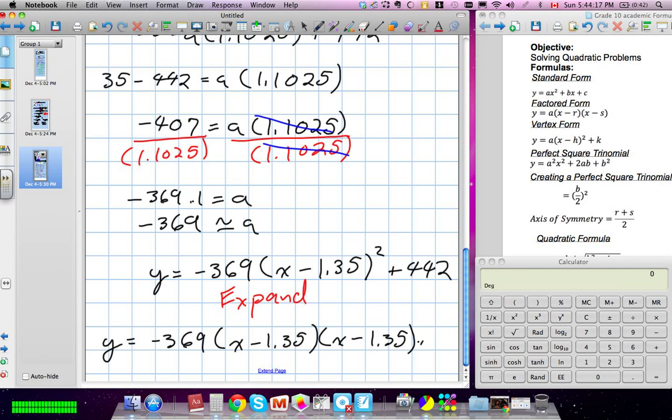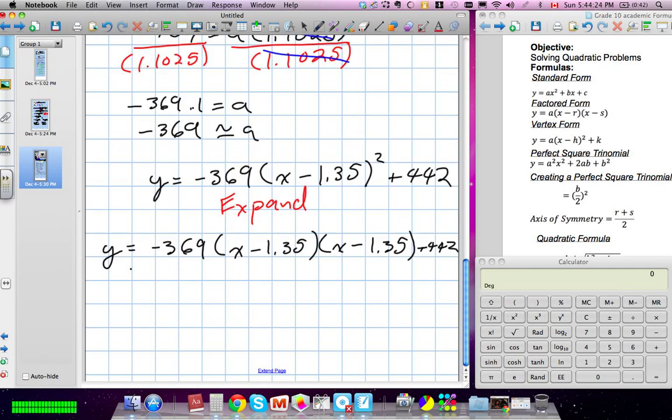I'm going to work with the brackets first. So we'll get negative 369 times x squared minus 1.35x minus 1.35x.